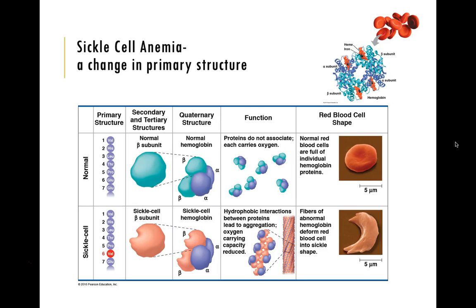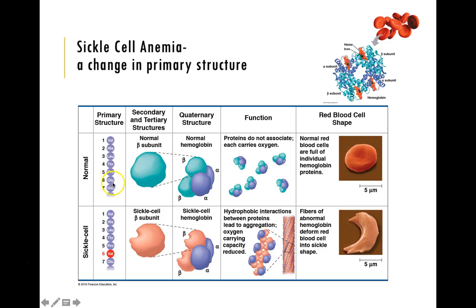And this occurs because of a single base pair change in the DNA sequence that causes a change in the amino acids. So when we get to our lab this week, we'll actually look at what the actual DNA change is, and we'll start at the DNA sequence. But for now, our book shows us that amino acid 6 in this sequence is supposed to be a GLU amino acid.